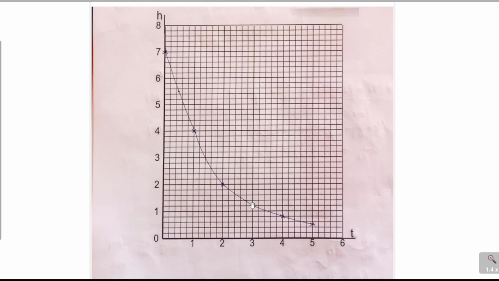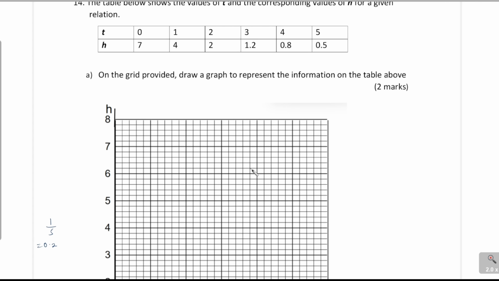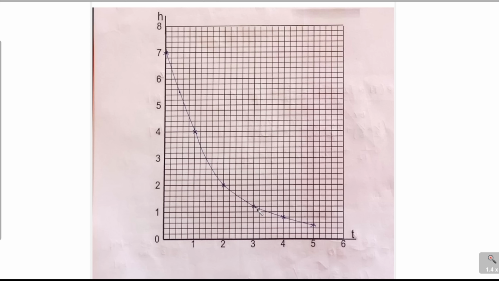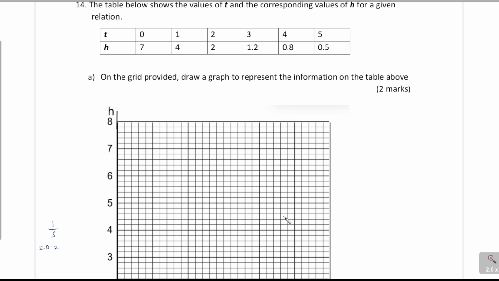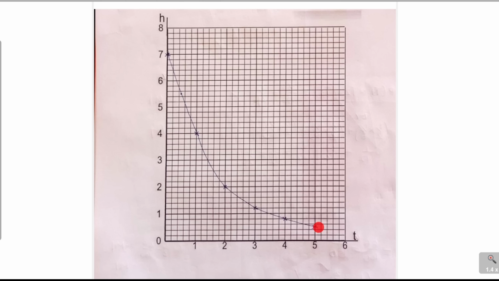Then 2, 2 is here. So the first one, 0, 7 is there. 1, 4 is there. 2, 2 is there. And then 3, 1.2 is there. Then 4, 0.8 is there. And lastly, 5, 0.5 is there.